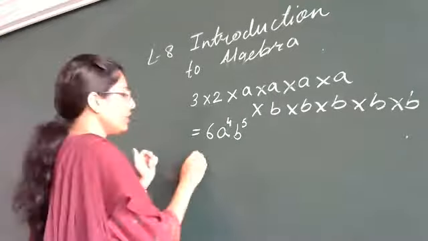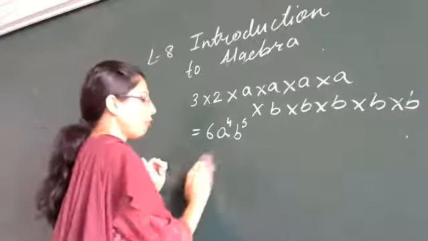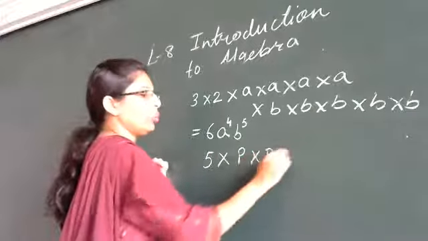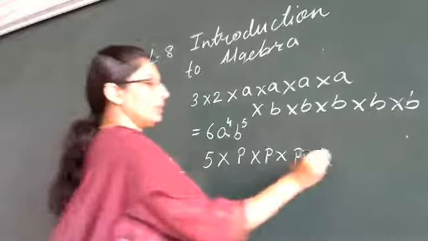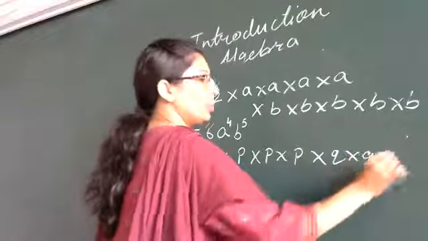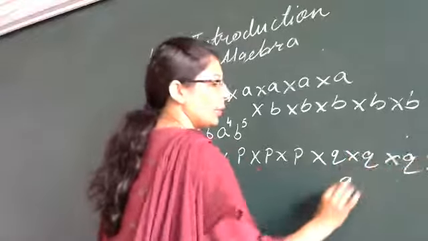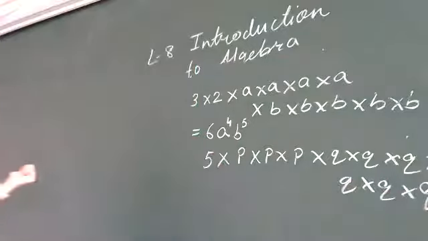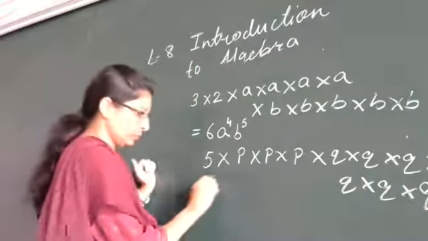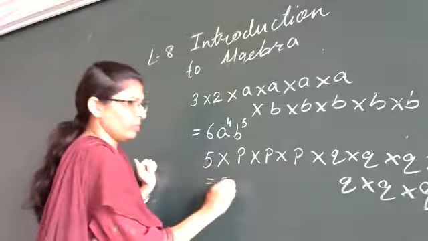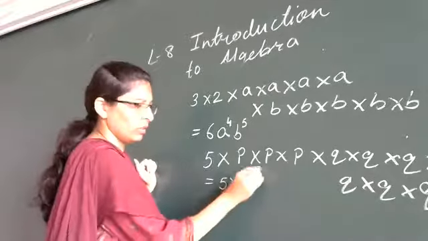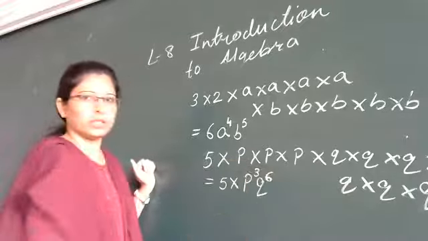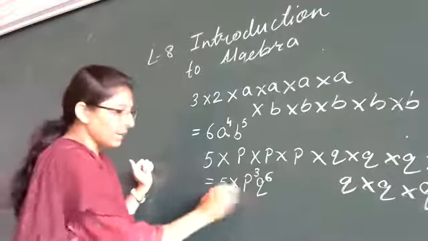Okay, now if it is given 5 multiplied with p into p into p multiplied with q into q into q into q into q into q. Tell me. 5 p to the power of 3, q to the power of 6.